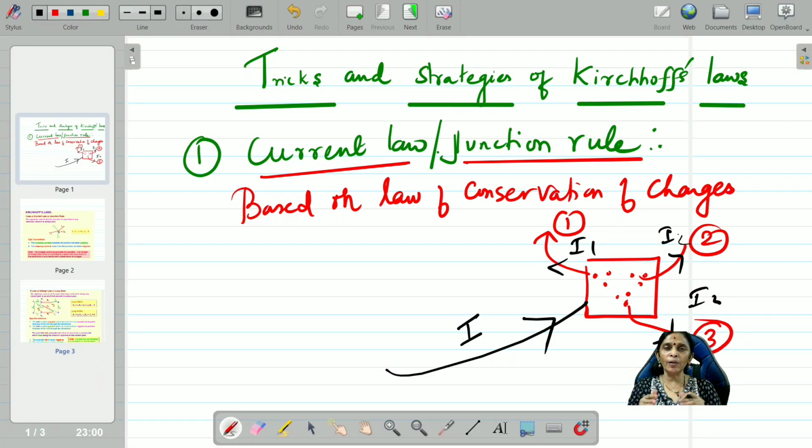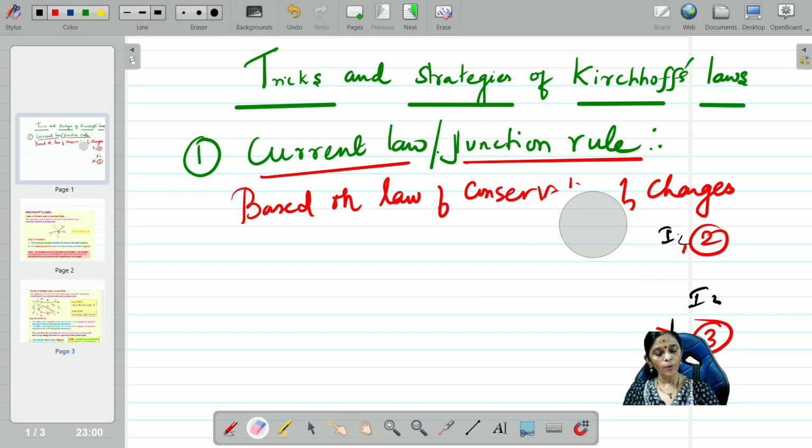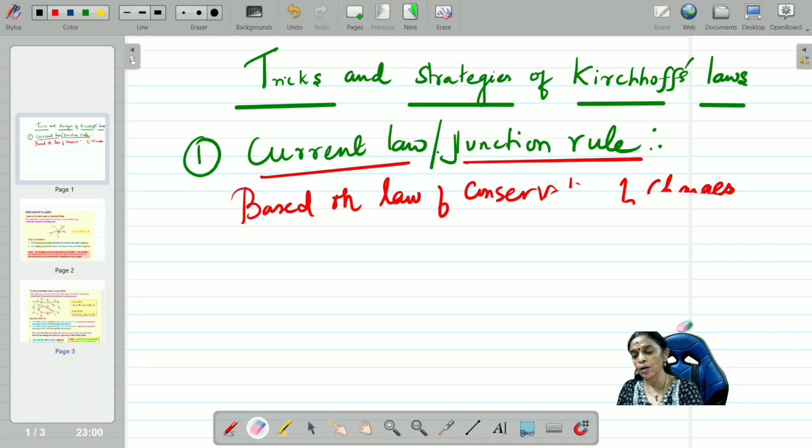What is that in simple words? Current which is entering into the junction is always equal to current which is leaving away from the junction. So what is the statement for the current law? It is based on the law of conservation of charges.